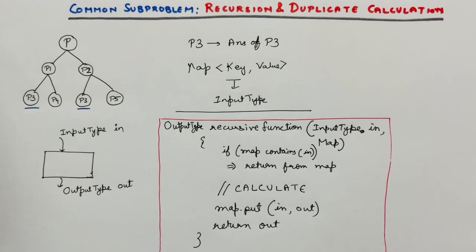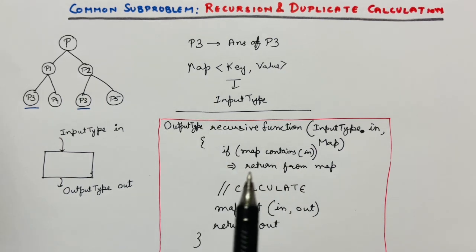How will we use this map in our recursive call? It is simple: in our recursive function, in addition to the input, we will also pass the map. Then before calculating for an input, we will first see if we have already calculated for it. That means we'll check in our map if the answer for this input already exists.